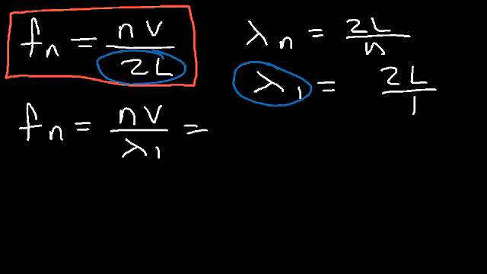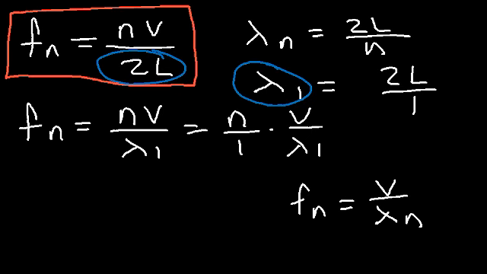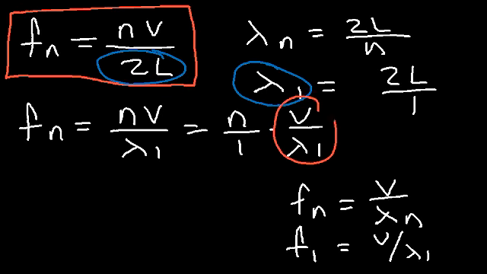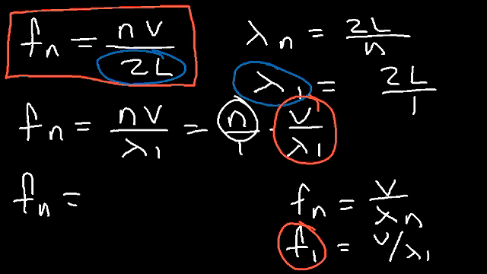Now I'm going to write it like this, n over 1 times V over lambda 1. Now, as we said before, frequency is the speed divided by lambda n. So F1 is basically V divided by lambda 1. So notice we have V over lambda 1. That's equal to F1. So we now have the equation Fn is equal to n times F1.